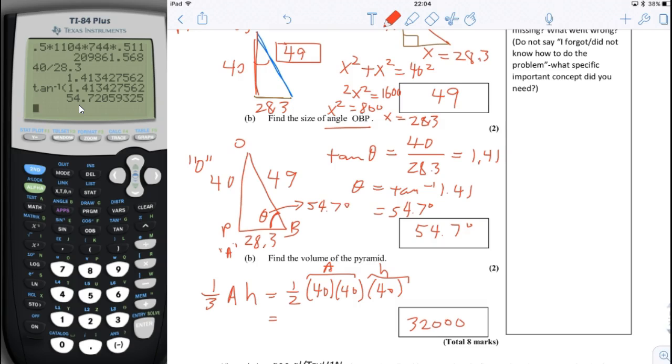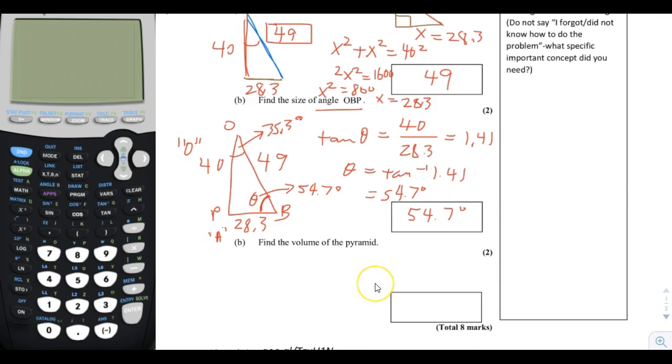If we know that this angle is 54.7, we could also figure out that this angle is 180 minus 90 degrees, because this is 90 degrees here, minus 54.7 degrees. So this angle here happens to be 35.3 degrees.